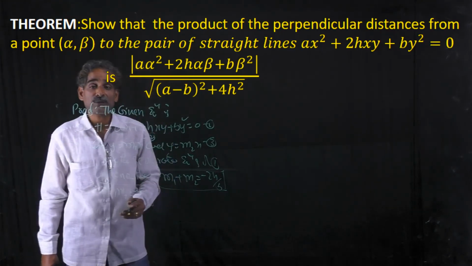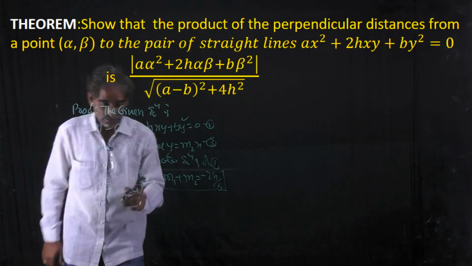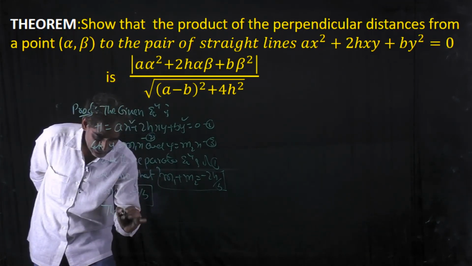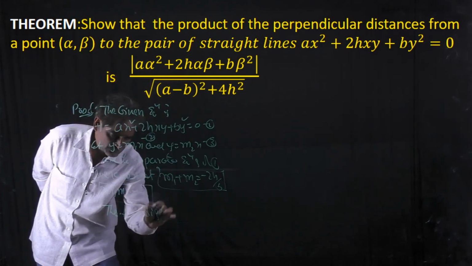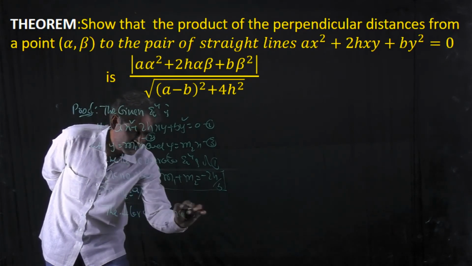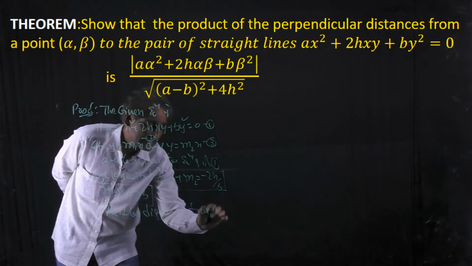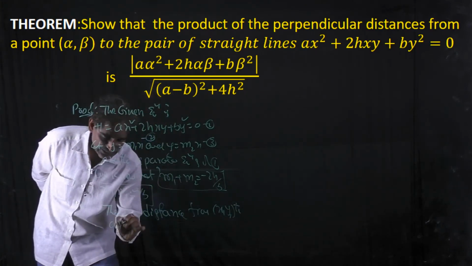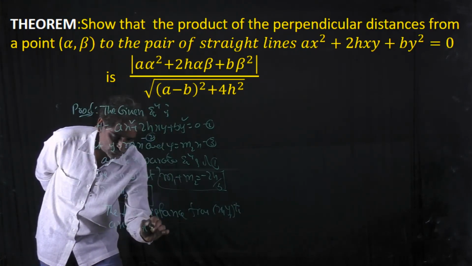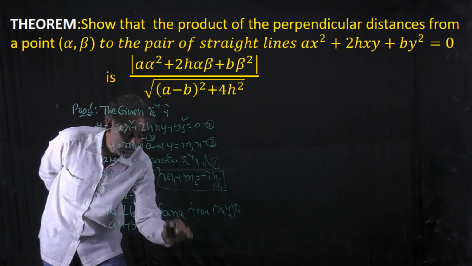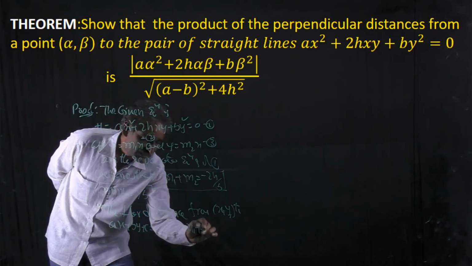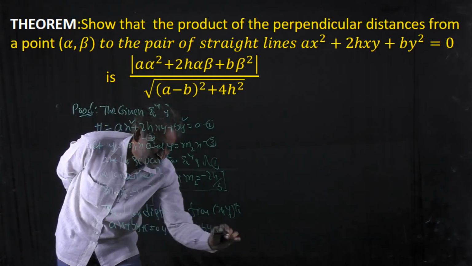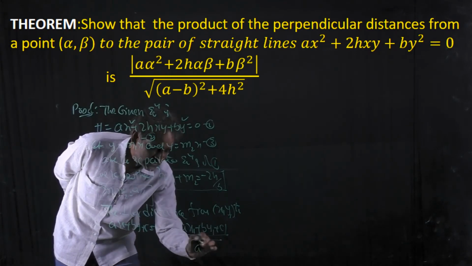So what is the perpendicular distance from a point to a line? The perpendicular distance from (x1, y1) to ax + by + c = 0 is |ax1 + by1 + c| / √(a² + b²).